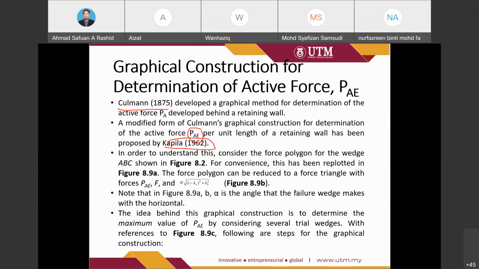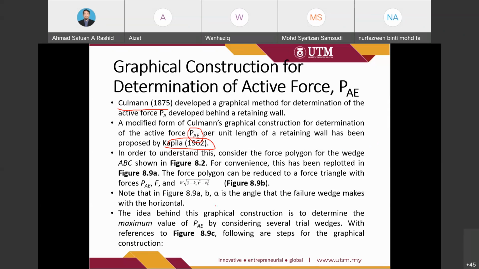To understand this, consider the force polygon for the wedge ABC, as shown in figure 8.2, which was discussed previously. For convenience, this has been replotted in figure 8.9a. The force polygon can be reduced to a force triangle with the forces PAE, F, and W.